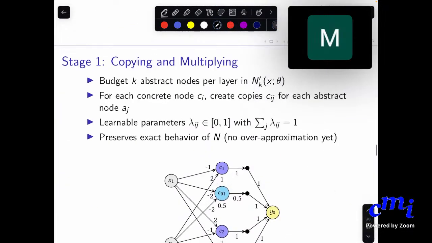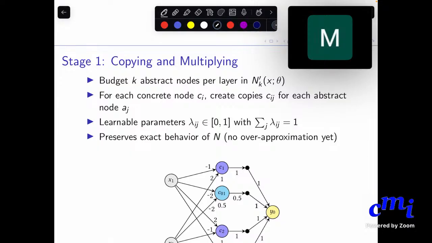I'm sorry, I made a mistake. So why do we do this copying and multiplying? It might happen that one abstracted node is responsible for multiple concrete nodes, or vice versa.